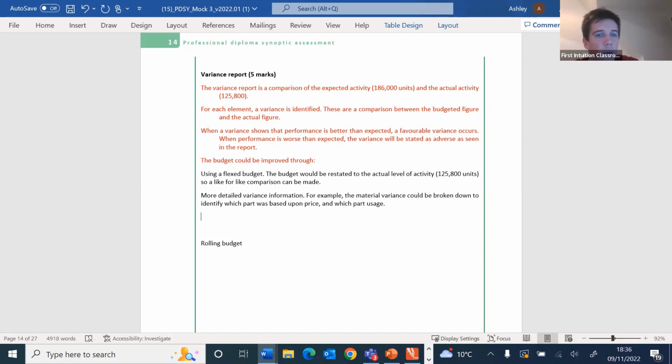Yeah, so that's what decision and control sought to do: elaborate or get more information on why particular variances have occurred.